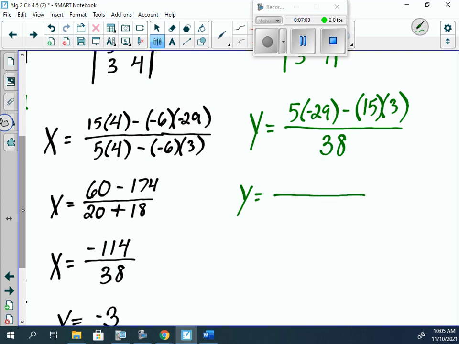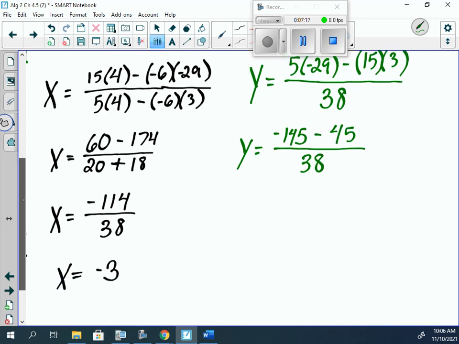Is equal to 5 times negative 29. 5 times 29, carry the 4, negative 145 minus 45, so y would equal negative 190 over 38.